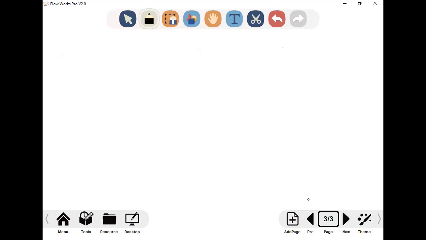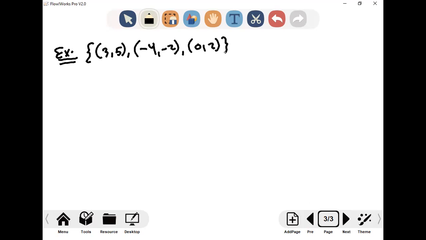Let's take an example. If we have these 3 ordered pairs: 3 with 5, -4 with -2, and 0 with 2. Now here we have 3 ordered pairs. The first ordered pair, 3 connects with 5, -4 connects with -2, 0 connects with 2.